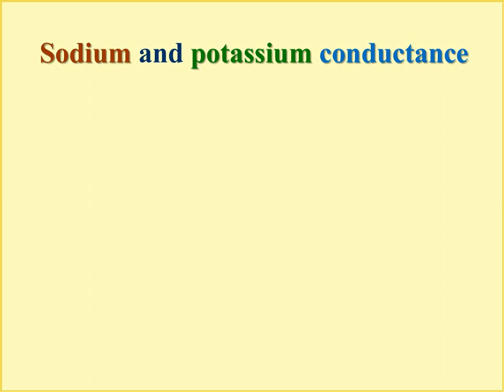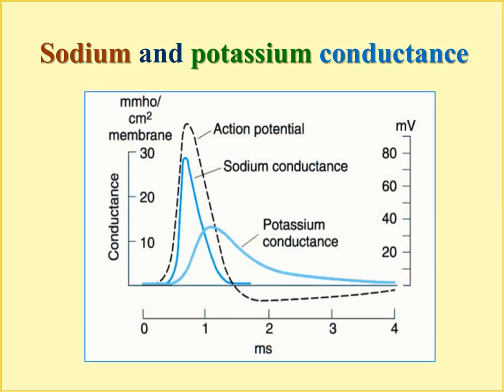So, let's see sodium and potassium conductance during the action potential. First to react are sodium channels. Here the conductance is shown as a result of numerous channels opening, which open not perfectly simultaneously, with slight difference in time. Therefore, it's wider than the action potential.